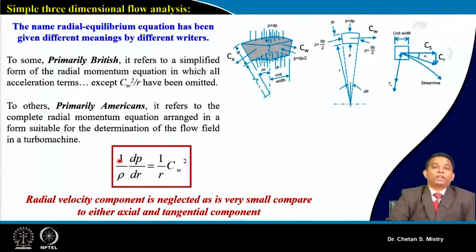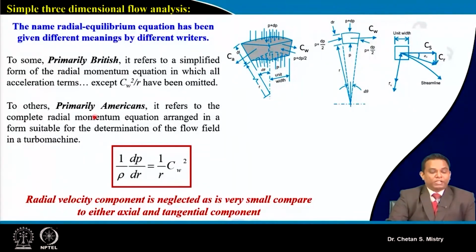That has different meanings. As I told, on both sides of the Pacific, people have a different thought process in designing the axial flow compressor. Primarily for the British, it refers to a simplified form of the radial momentum equation in which all the acceleration terms except this Cw square by r have been omitted, so we have only the action because of centripetal force.